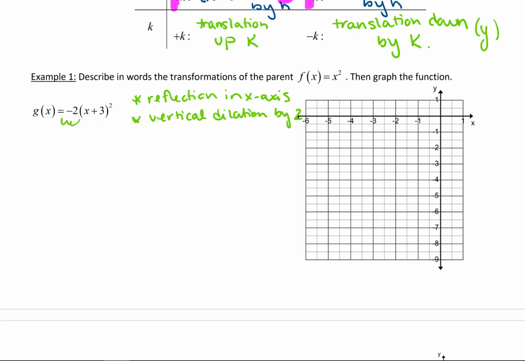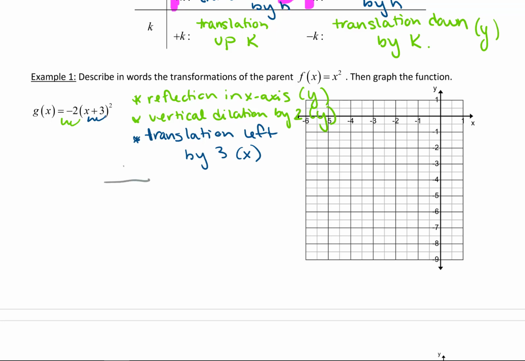So that's on the outside, both changing our y values. And then on the inside, we see a positive 3. So that is a translation left by 3. And that's going to change our x values.